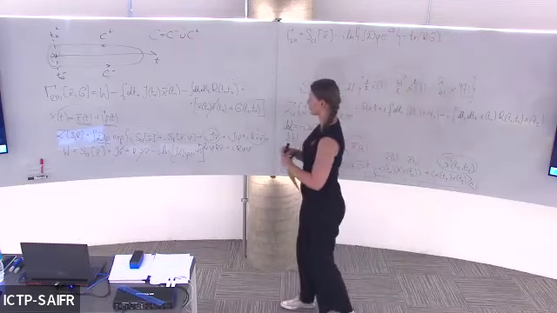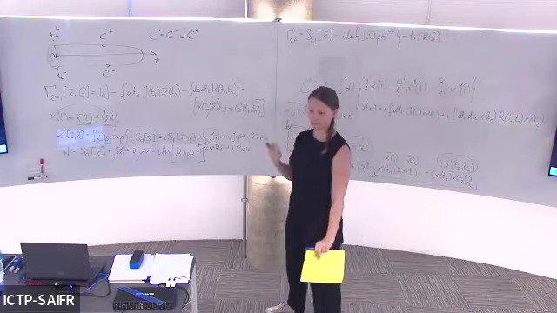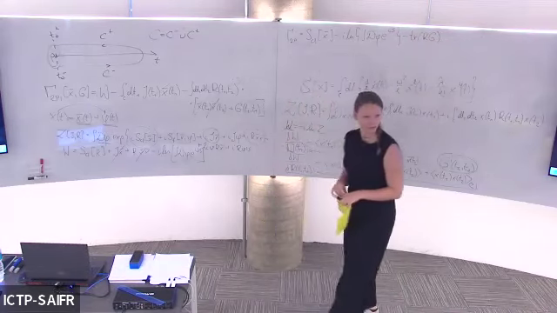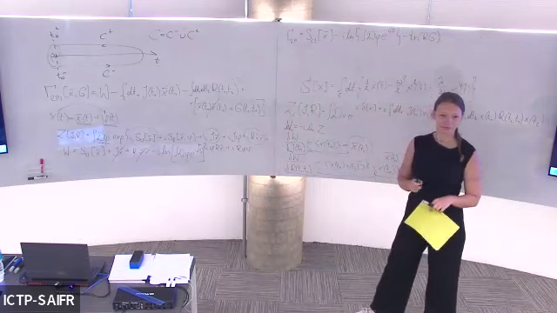How did I get trace RG? Where did it come from? From the Legendre.